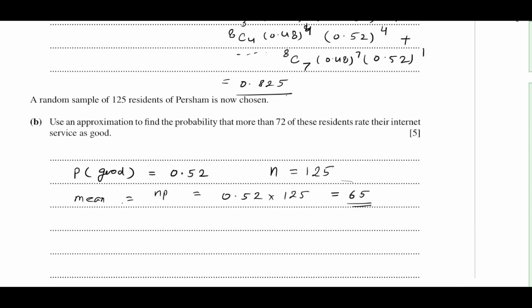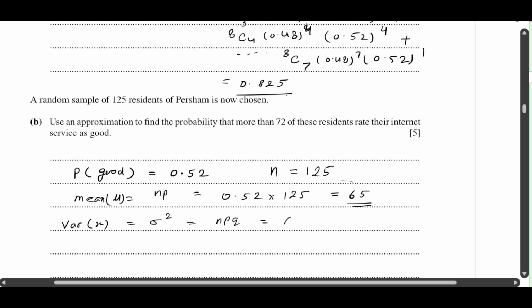We indicate the mean with the symbol mu. Then the variance we indicate with sigma square. The variance of this random variable X, sigma square, equals npq.